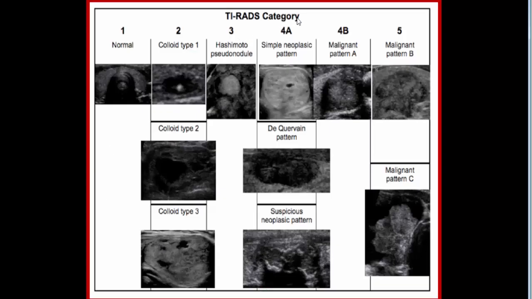These are examples of TI-RADS categories according to Horvath: normal; TI-RADS 2 colloid type 1, colloid type 3, colloid type 2; TI-RADS 3 probably benign, Hashimoto's pseudonodule; TI-RADS 4A simple neoplastic pattern, benign; suspicious neoplastic pattern, TI-RADS 4B; malignant pattern A, TI-RADS 5; malignant pattern B and malignant pattern C.